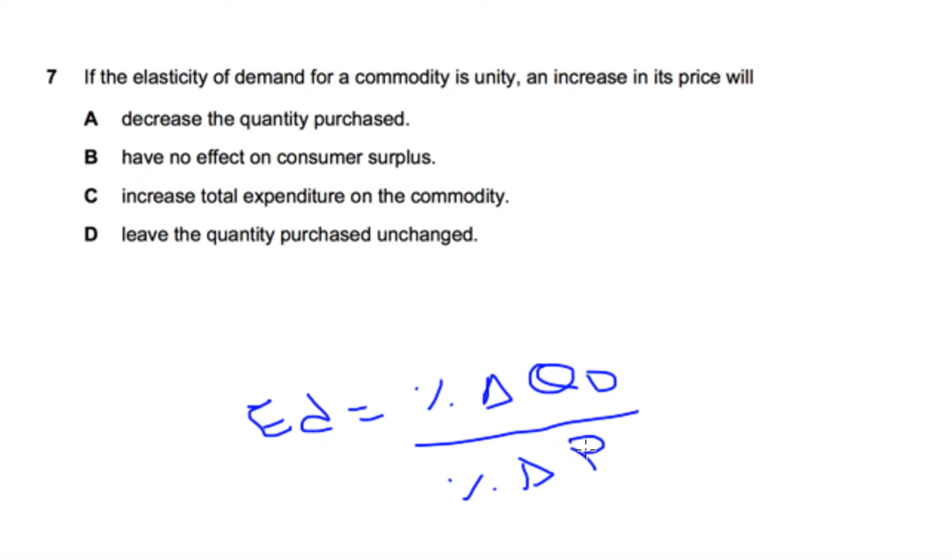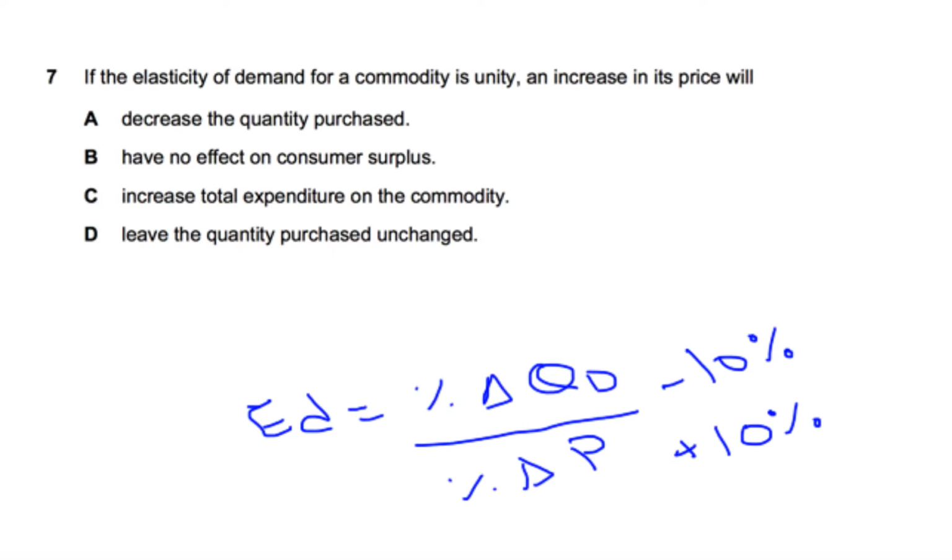So what this means is that if the price, for example, increases by 10%, then the quantity demanded will fall by 10%. So there is the same percentage change in the price and the quantity, although the signs are different. So now let's look at the options.